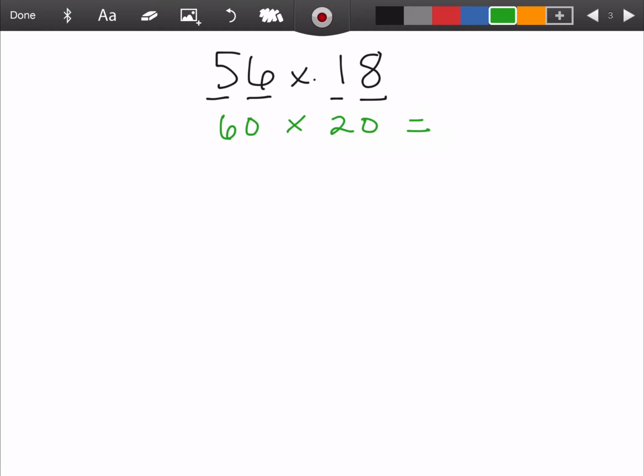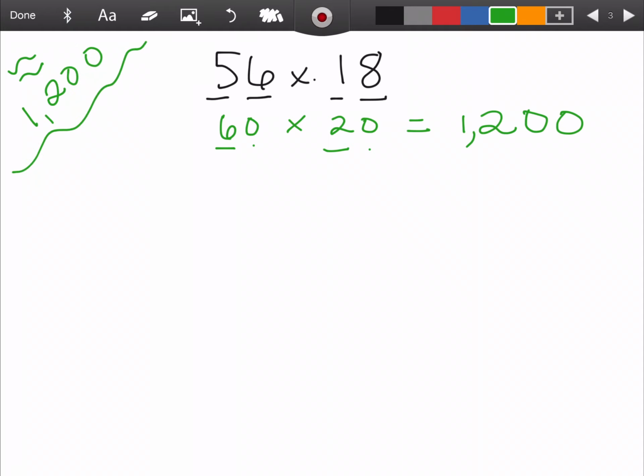And I know that 6 times 2 is 12, and then I'm actually multiplying both of those by 10 or 100. And so it would be a good guess that my product will be about 1,200. But I am going to do the math to figure it out.